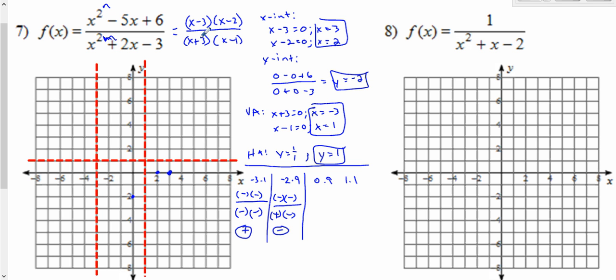When I plug in 0.9 and subtract 3, I get a negative. 0.9 minus 2 is negative. 0.9 plus 3 is positive. 0.9 minus 1 is a negative. 3 negatives give me a negative value.